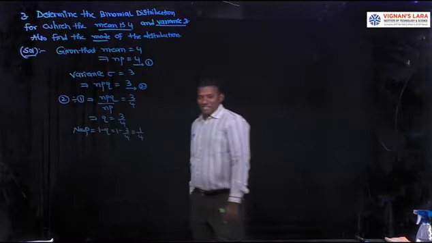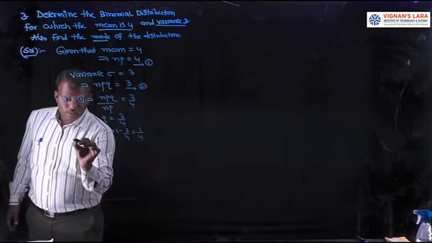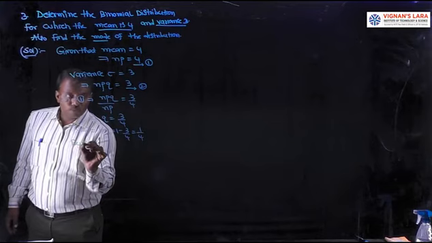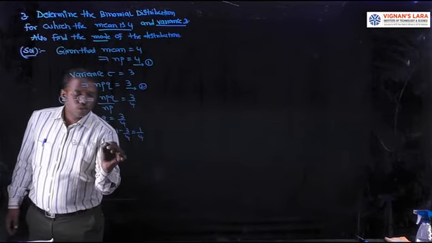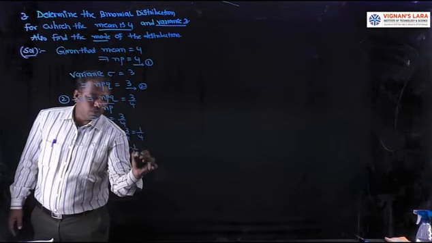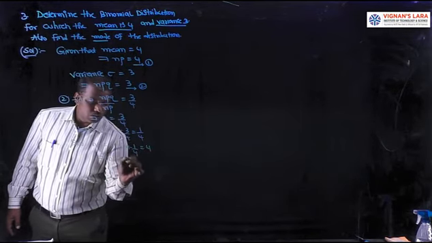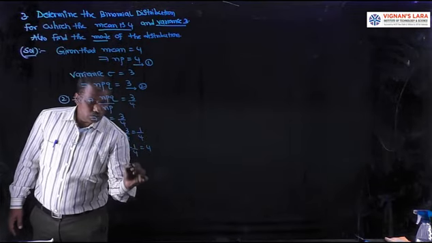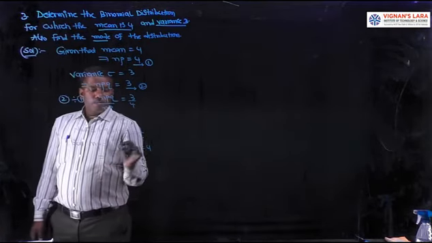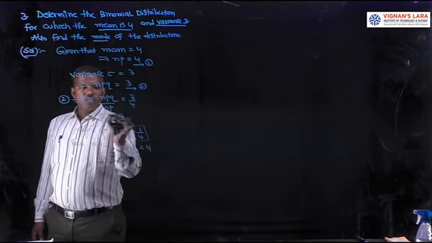And what about N? N is also required, but NP is equal to 4, in which we know the value of P is 1 by 4. Then N is 16. So N is 16, P is 1 by 4, Q is 3 by 4.